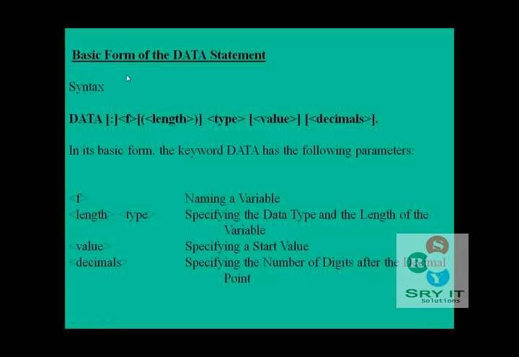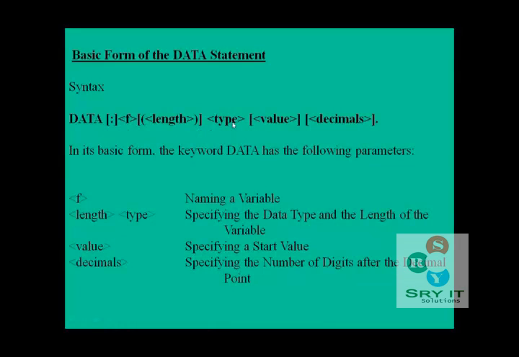And the second bracket indicates mandatory. The DATA keyword will be used to declare the data object or variable. And the variable or object name or field name can be declared under the F.